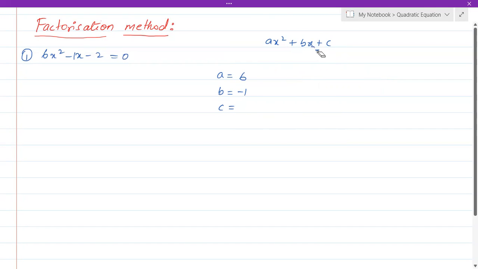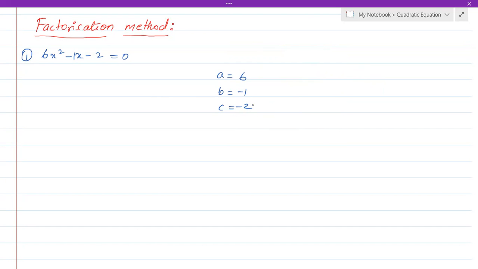Therefore here, if you compare the question, 6x square minus x minus 2, the a value is 6, b value is -1, and c value is -2. On comparing, you will get to know this. Or in simple terms, x square coefficient is 6, x coefficient is -1, and the constant term is -2.